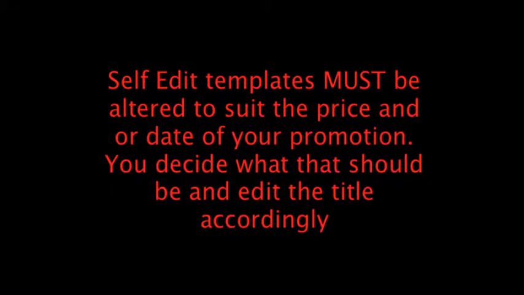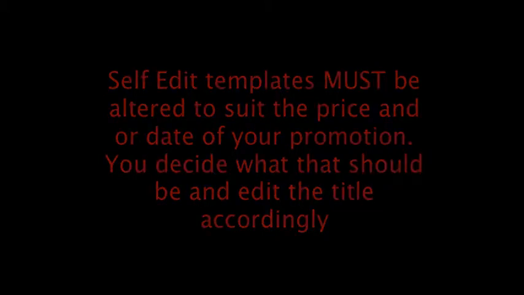Self-edit templates must have their title altered to suit the price or possibly the date of your promotion. You simply decide what that should be and edit the title field accordingly. Use the title that we provided as a guide to make sure that you can fit it, either using a different type size or perhaps by abbreviating some of the text to suit the promotion.